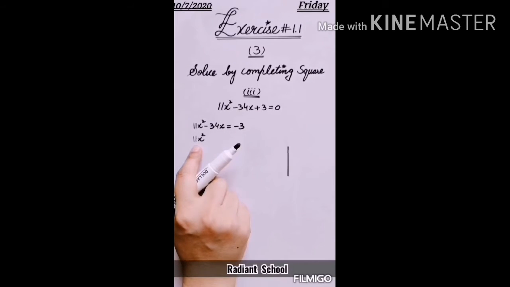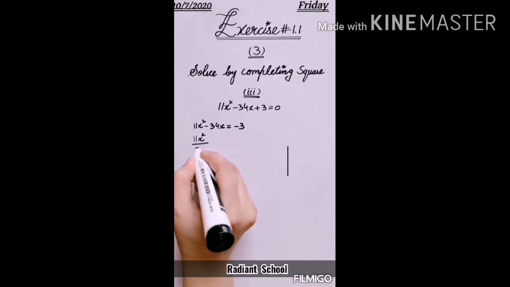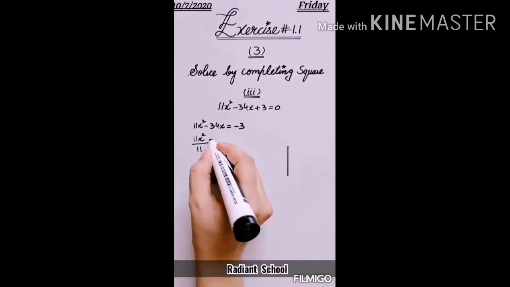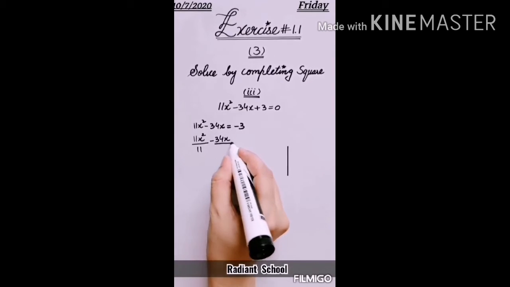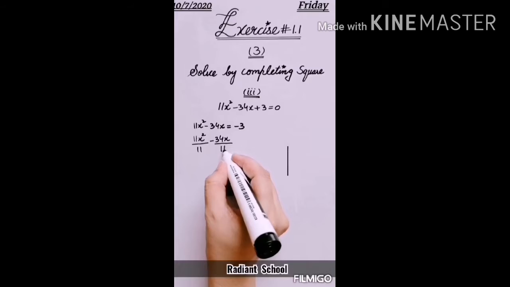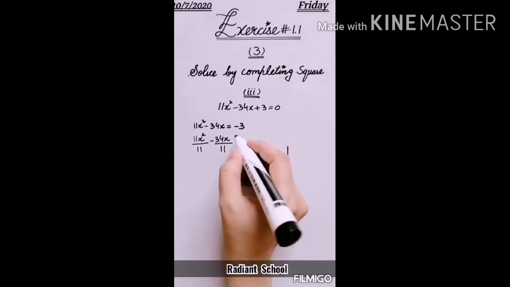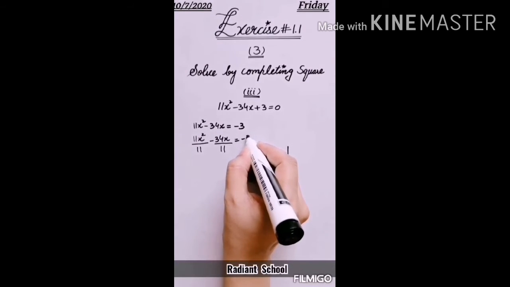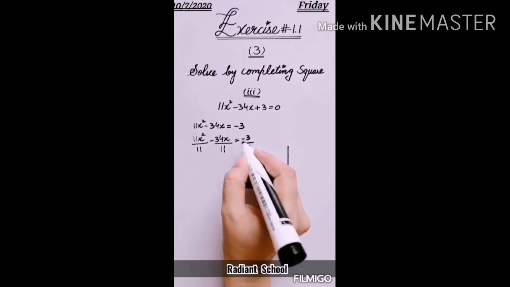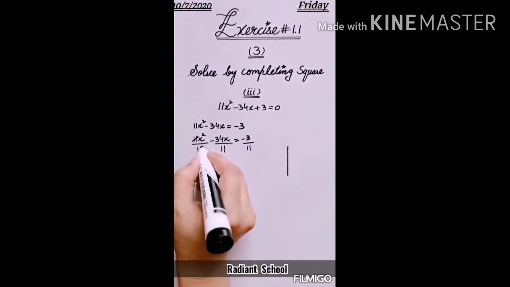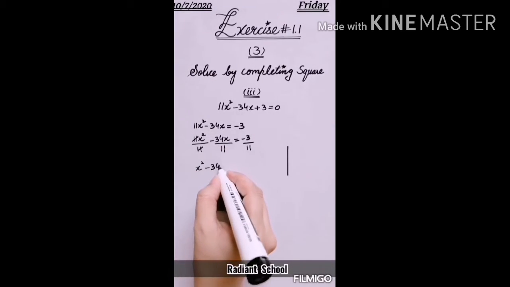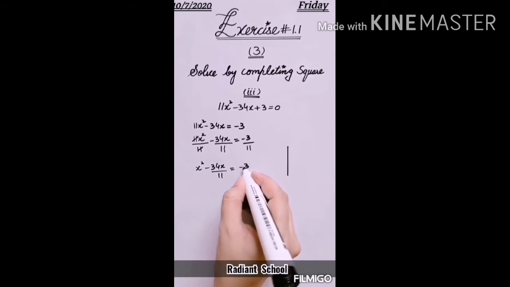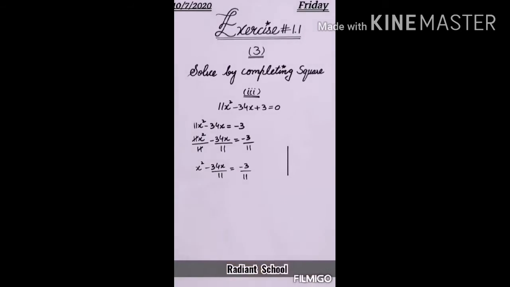To make it 1, you have to divide all the terms on both sides by the same number that is written with x square. When we divide by 11, it will be cancelled. We will have x square minus 34x over 11 is equal to minus 3 over 11.